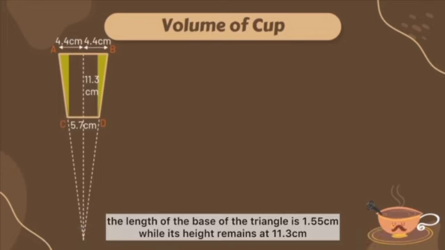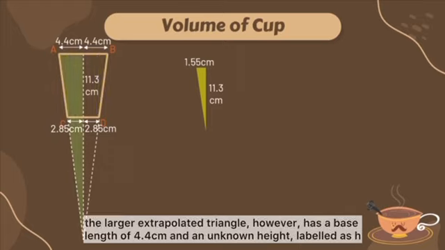The length of the base of the triangle is 1.55 centimeters, while its height remains at 11.3 centimeters. The larger extrapolated triangle, however, has a base length of 4.4 centimeters and an unknown height labeled as h.